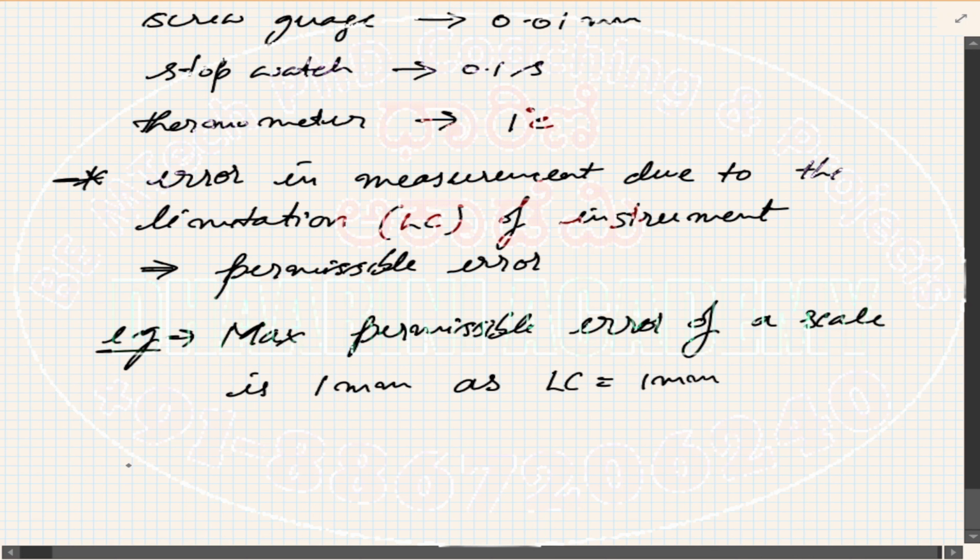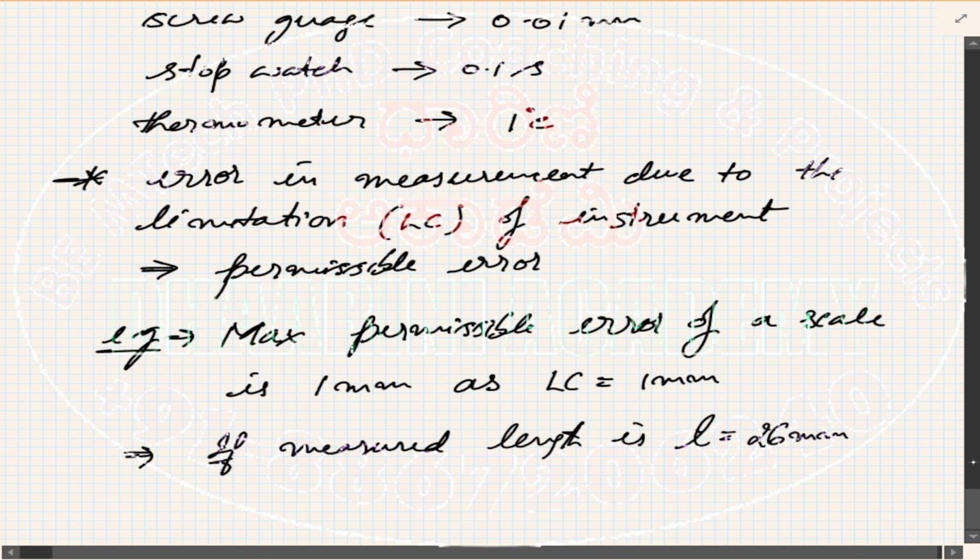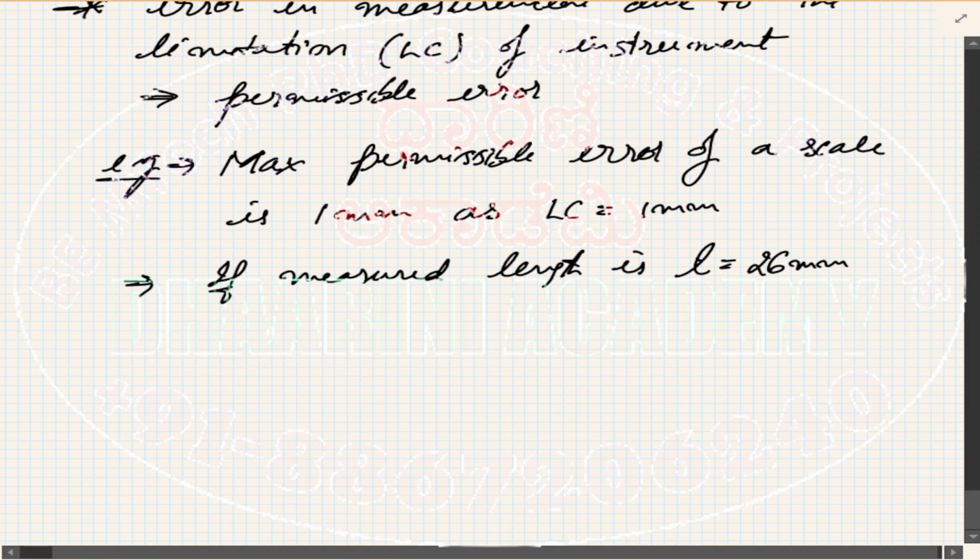Now the point is, this implies that if the measured length is, let's say, L equal to 26 mm, then when L is equal to 26 mm, there can be an error of maximum 1 mm.